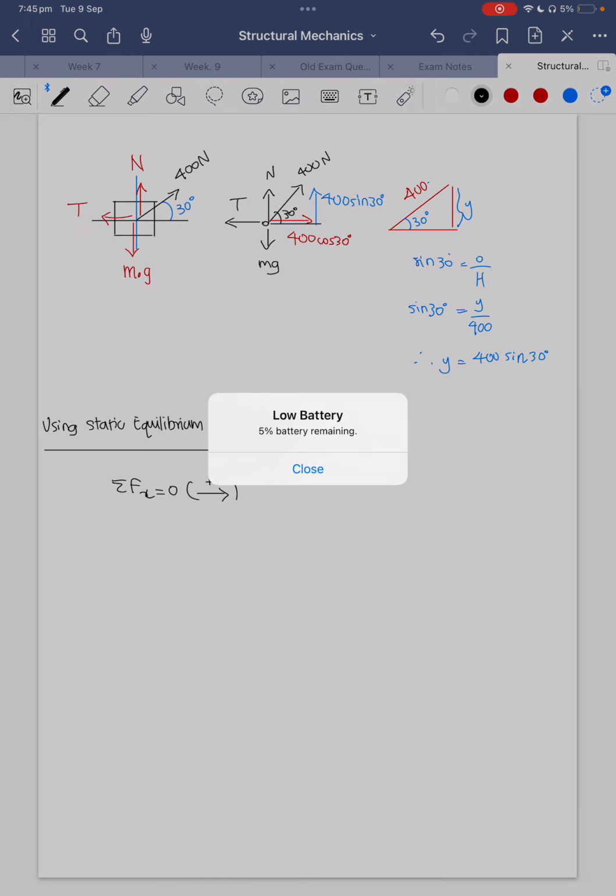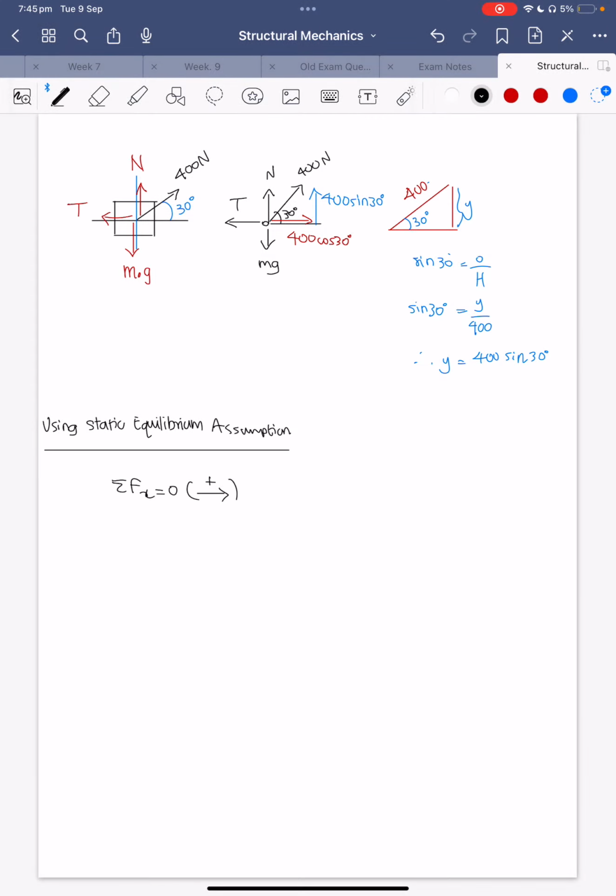If you go to the left side, that is negative. All right, let's think about what forces are present in the x direction. So T is negative because it's tension and it is going to the left. And then 400 cos 30 is on the right, so that is positive.